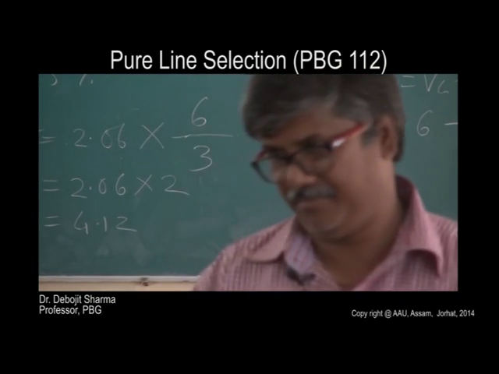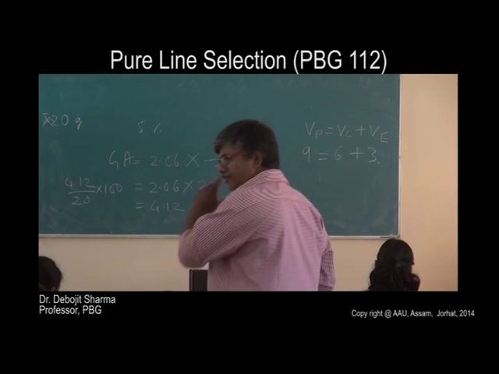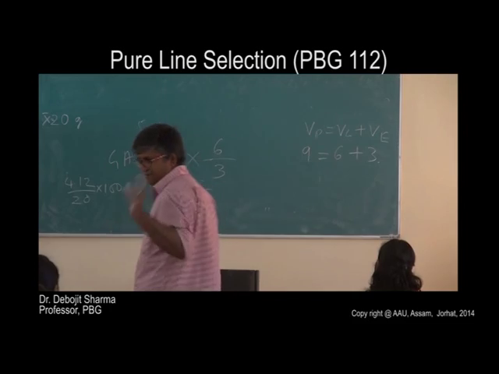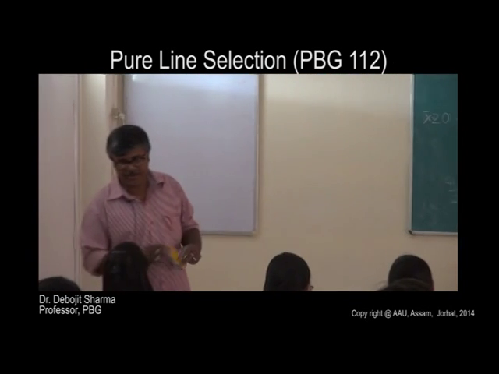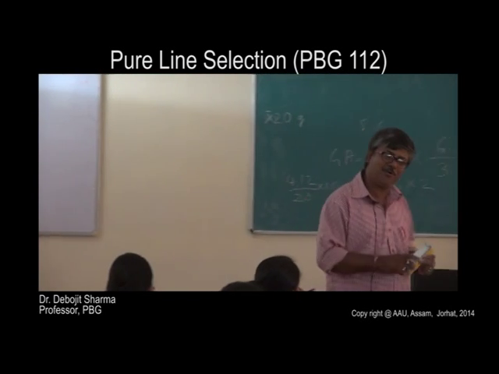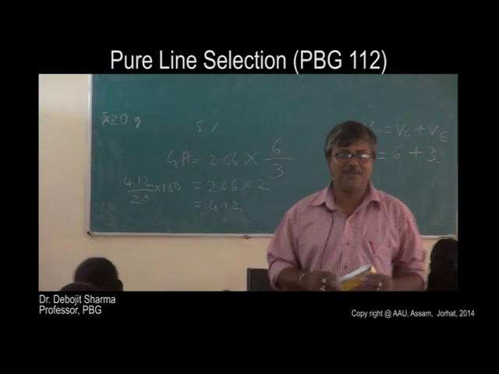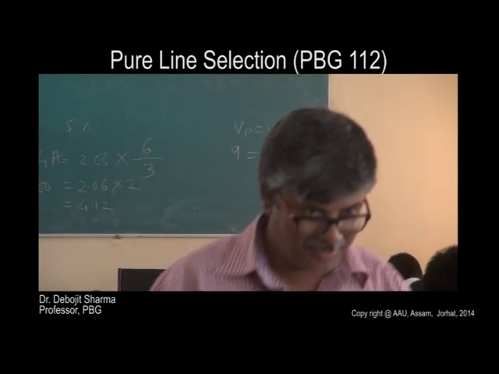Next class we will talk about it in detail. Also we will repeat this last portion, genetic advance under selection. Do you have any question? No? Next class you will ask.